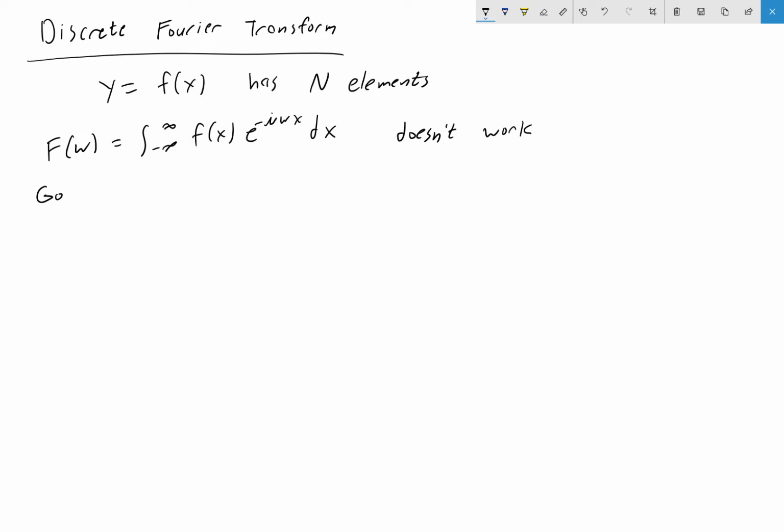So what we're going to do is go back to the Fourier series. And if we think about what was our definition for the Fourier series? It says we can take any function, and then we can write it as a sum of an infinite number of terms, each of which is periodic, with some kind of coefficient each.